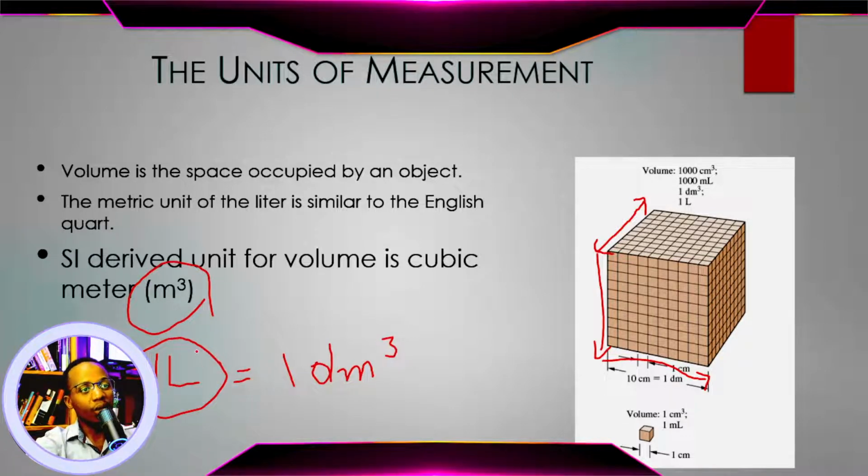In chemistry, we love liters, and we use liters because it fits into that system where 1 liter is equal to 1,000 milliliters, 1 milliliter is equal to 1,000 microliters, and 1 kiloliter is equal to 1,000 liters, right? That's volume.